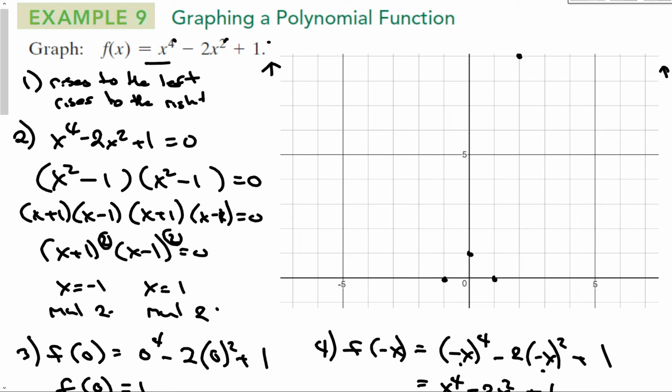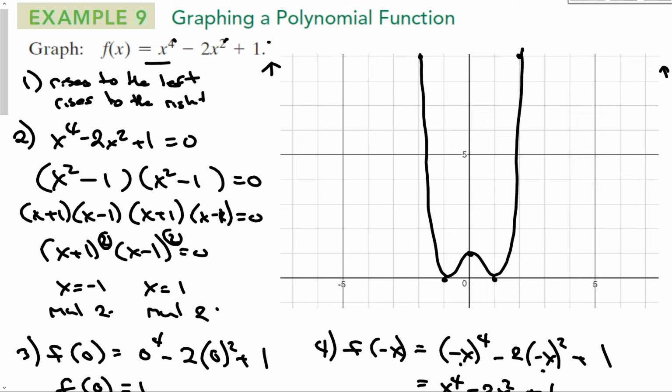And because this graph has y-axis symmetry, I know that f of negative 2 is also going to be 9. And now I can draw a pretty good approximation of my graph. Good enough. Again, try to be accurate, but we don't have to be super exact.